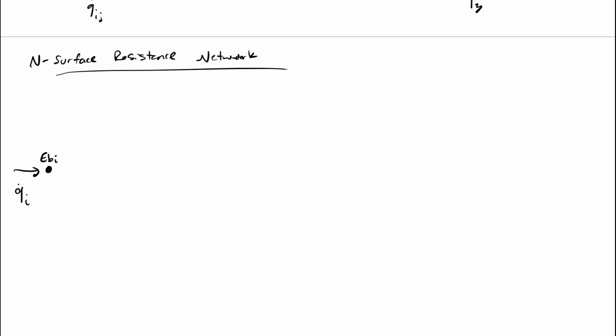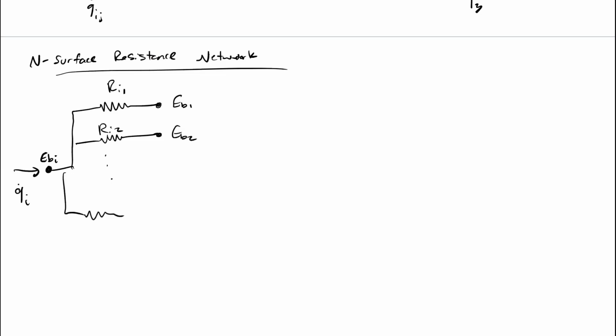If I was to draw a network, I could go over here to surface 1 through Ri1, and this would be EB1. I could also, in parallel, go through Ri2 with potential EB2, and so on, down to RiN with potential EBN.